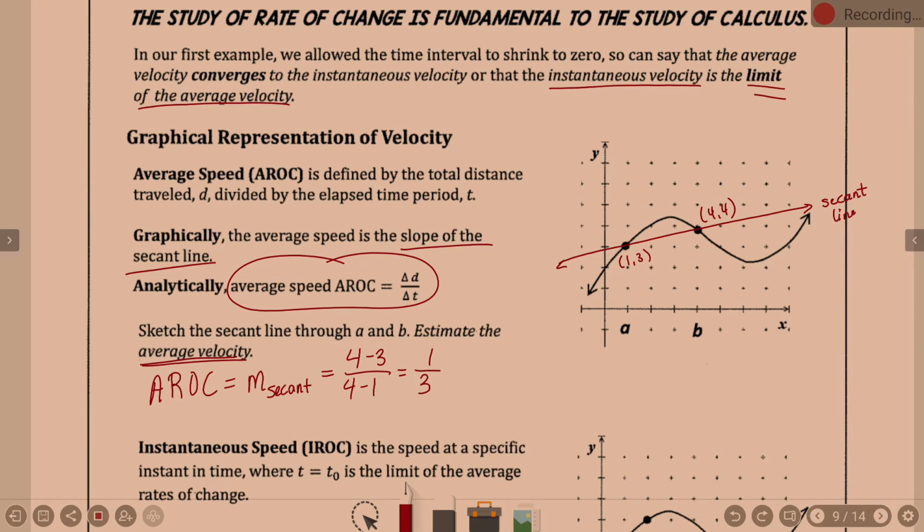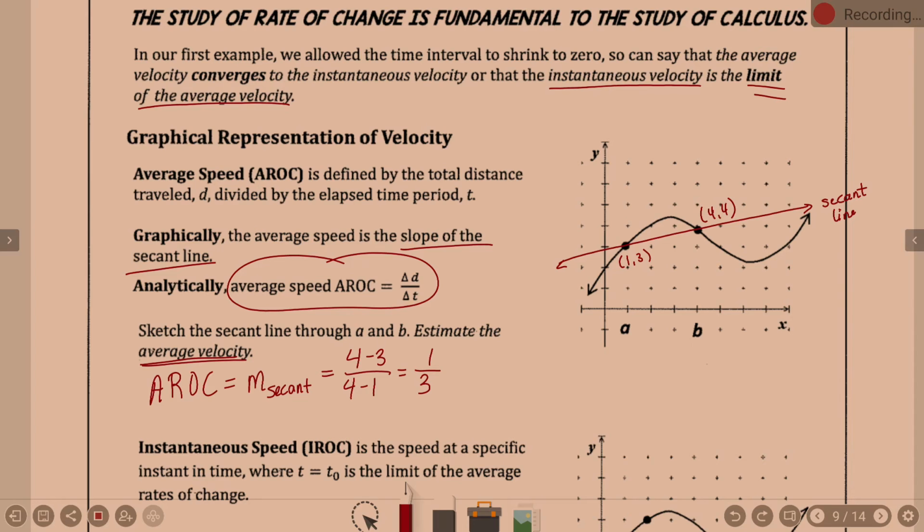It's okay to leave things unlabeled when I don't have anything, right? I don't have any units throughout here. Okay, so that is your idea of average rate of change when looking at a graph.